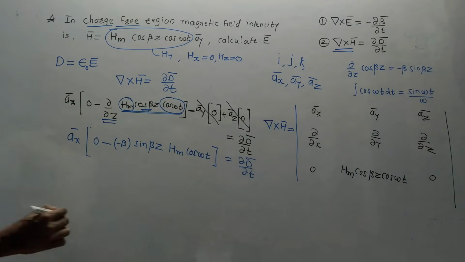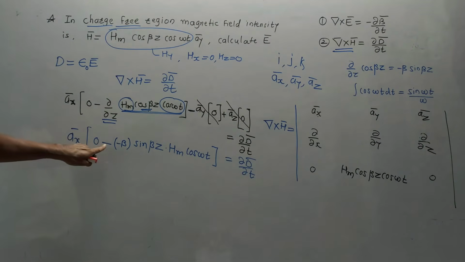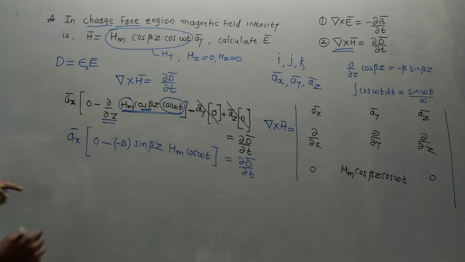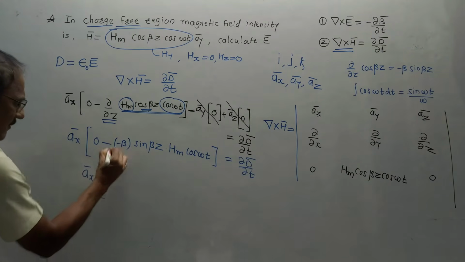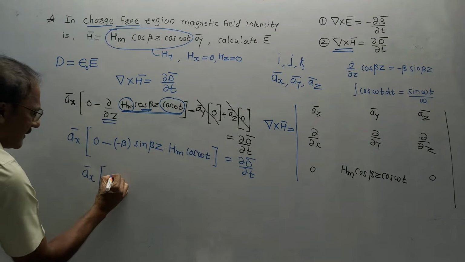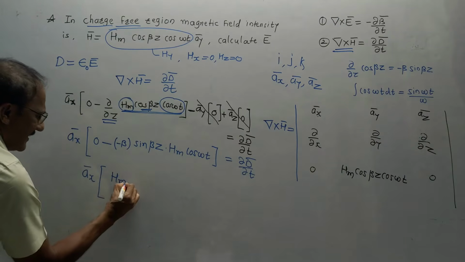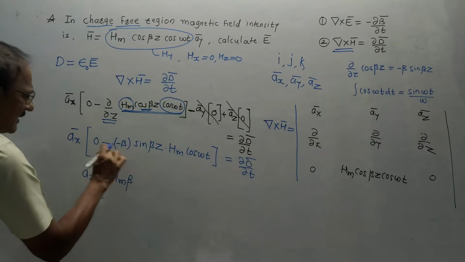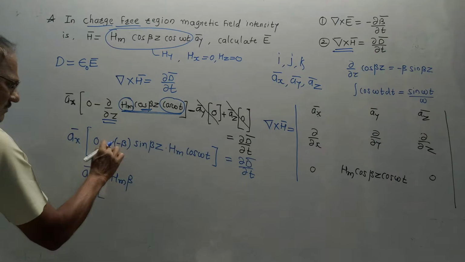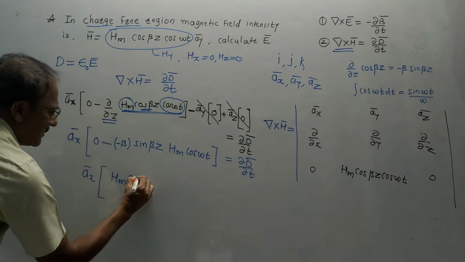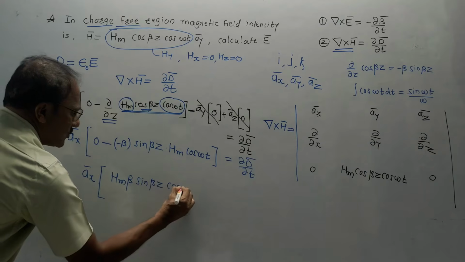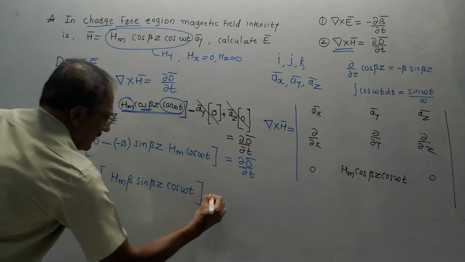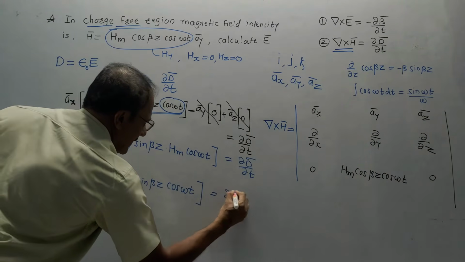As usual, let us further simplify it. Minus of minus becomes plus, so this equation can be written as ax bar, this minus become plus. I will rearrange the terms. I will write it like this: hm beta, minus become plus. I have taken hm at the beginning, sin beta z into cos omega t is equals to d bar by d bar t.